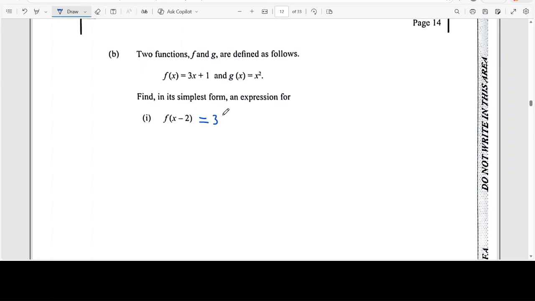So that is 3, open bracket, x minus 2, close bracket, plus 1, and it's the simplest form, so we need to expand. 3 by x, 3x, 3 by negative 2 is negative 6, plus 1, 3x minus 5.